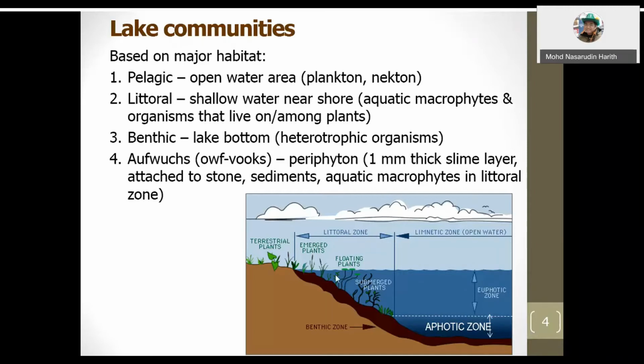There is also the benthic zone, which is located at the bottom of the lake, usually consisting of heterotrophic organisms. There is also Aufwuchs, which is around here. It consists of periphyton, which is a 1 millimeter thick slime layer attached to stones, sediments, and aquatic macrophytes in the littoral zone.